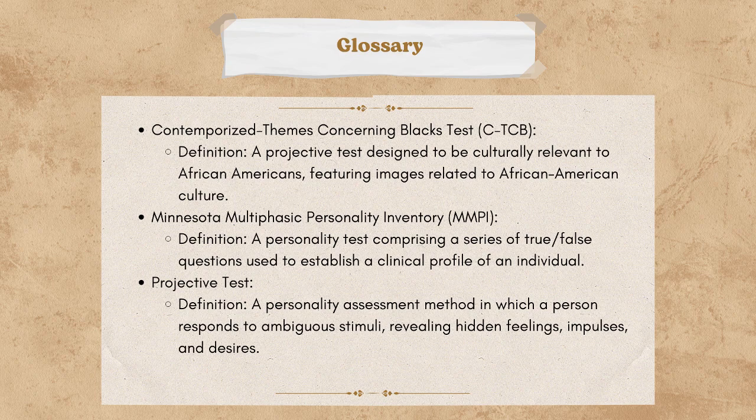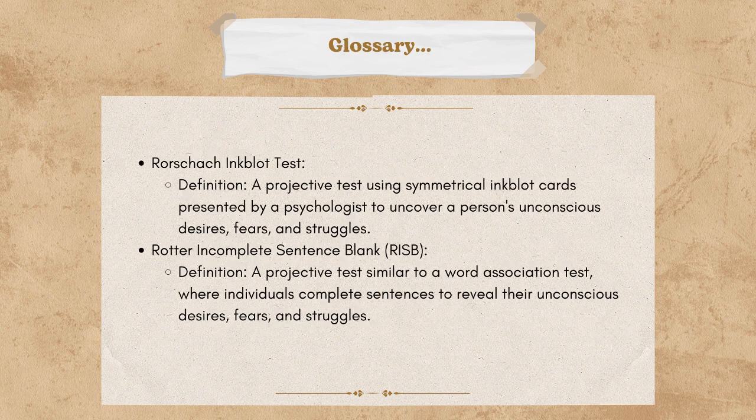These are personality assessments in which a person responds to ambiguous stimuli, revealing hidden feelings, impulses, and desires. Then there are the Rorschach ink blot tests. These are projective tests that employ a series of symmetrical ink blot cards that are presented to a client by a psychologist in an effort to reveal the person's unconscious desires, fears, and struggles. Rotter Incomplete Sentence Blank, RISB.